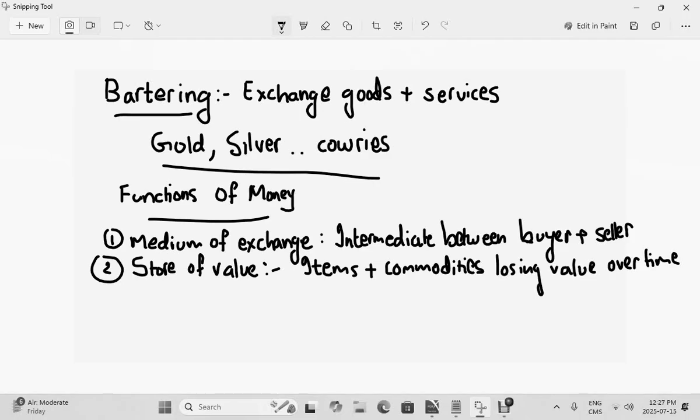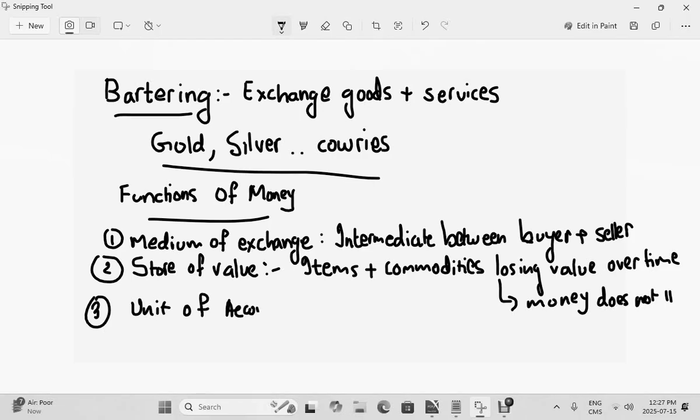All right, and the third one has to do with the unit of account. Here money does not lose value. This has to do with the value that you assign to certain goods and services, or a ruler by which we measure value.